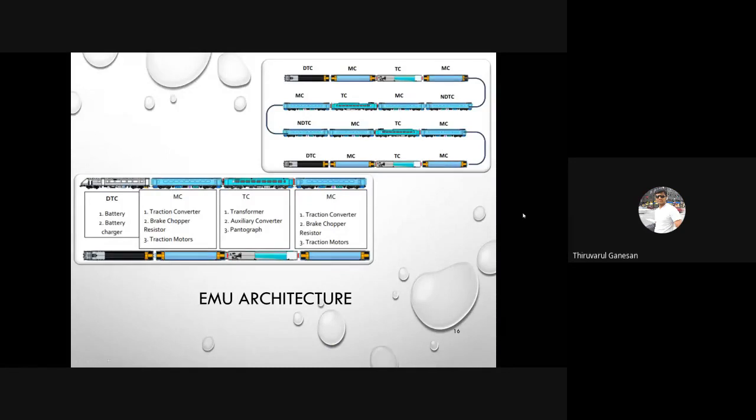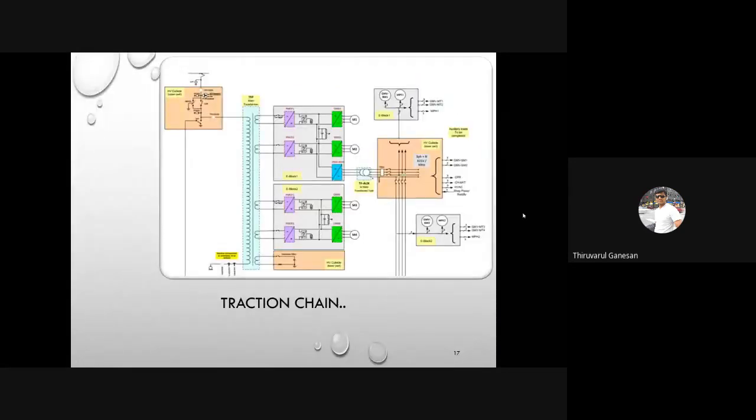This is a traction chain. It is taken from a locomotive design. Here you can see, in a similar way to what I explained in the previous slide at component level, a single line diagram of a complete traction chain with the converter and inverter section.